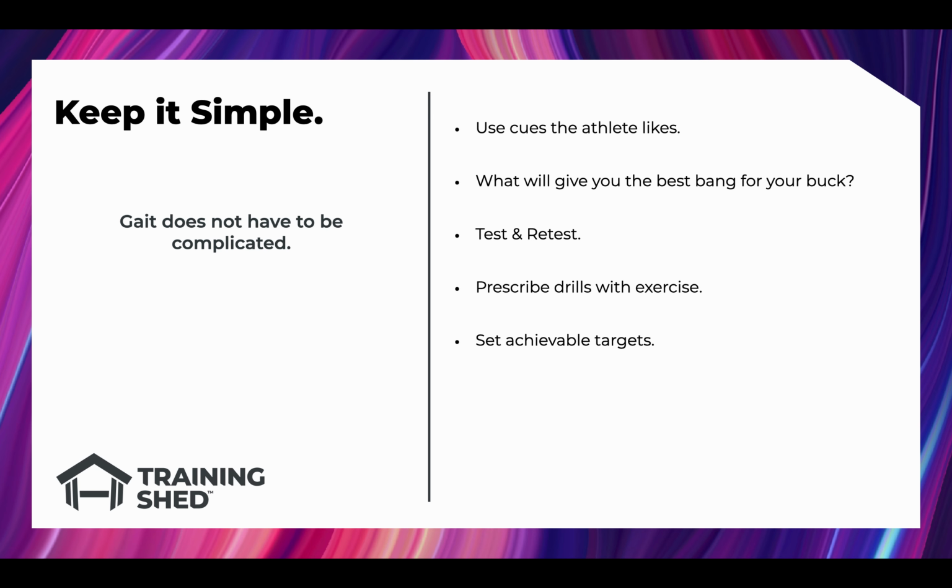When we're making that change, we've got to prescribe drills with exercise. We can't expect to change someone's biomechanics and have all the tissues naturally adapt to the loading rates. We've got to give them a stimulus as well, and set achievable targets. You're not going to make a change in a month. It's not going to happen. The evidence tells us it takes at least 3 months, so be honest with them.